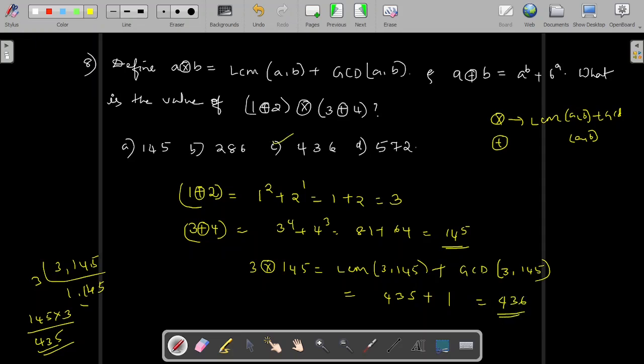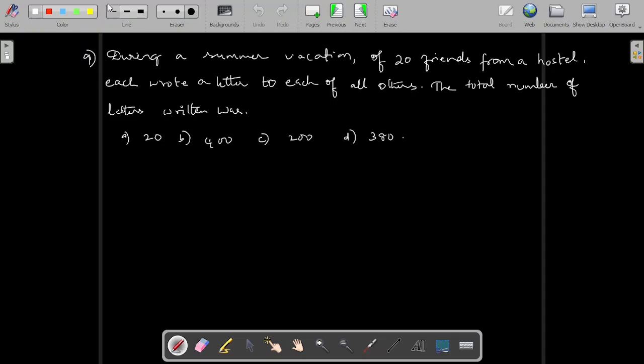Answer is third option. The ninth question. During a summer vacation, 20 friends from a hostel, each wrote a letter to each of all others. The total number of letters written was. So there are 20 people in the hostel. Therefore, when you consider one person, this one person writes letters to the remaining 19 people.